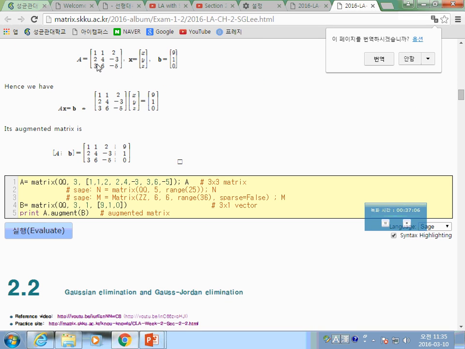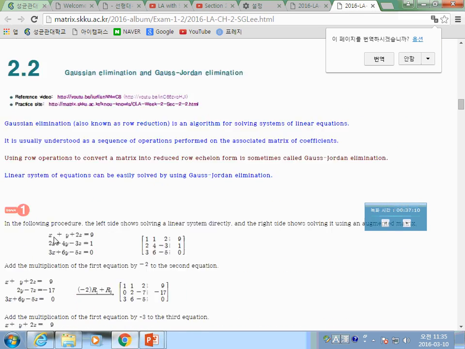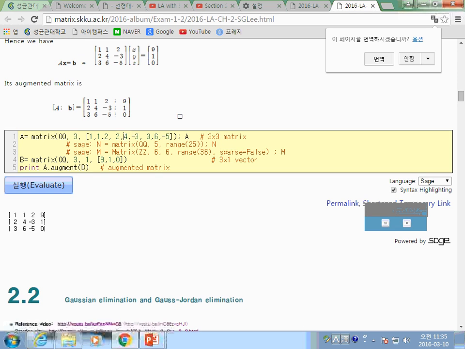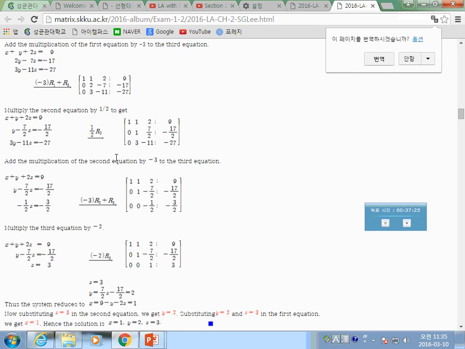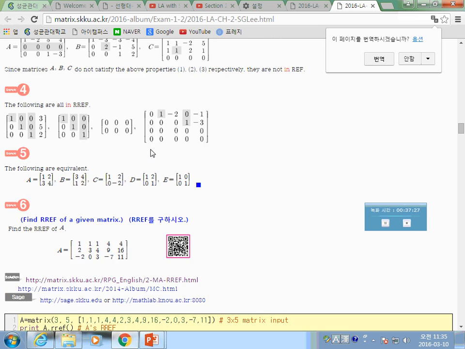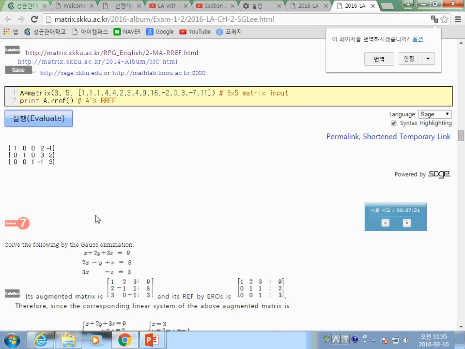From a given linear system of equations, you can easily find the augmented matrix. And with this code, you can find the solution for any different problems or different size matrices. You can solve any type of linear system of equations by finding the REF and RREF.